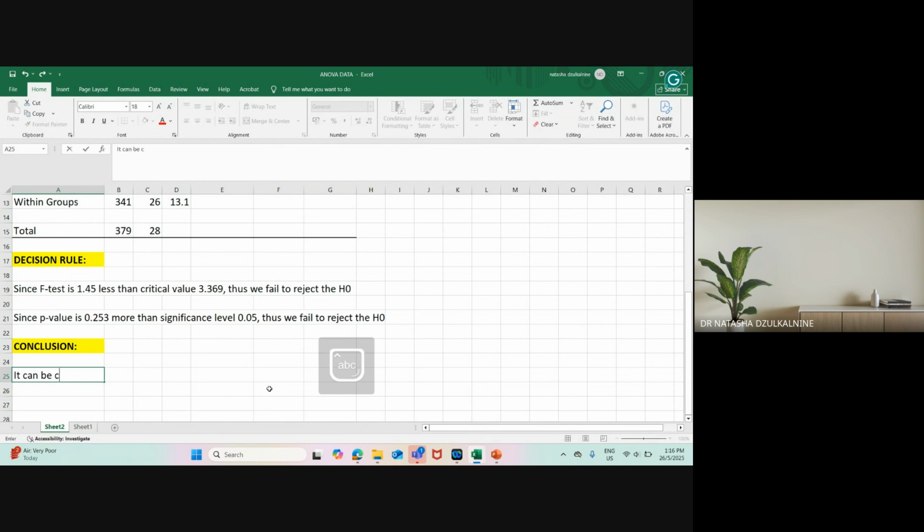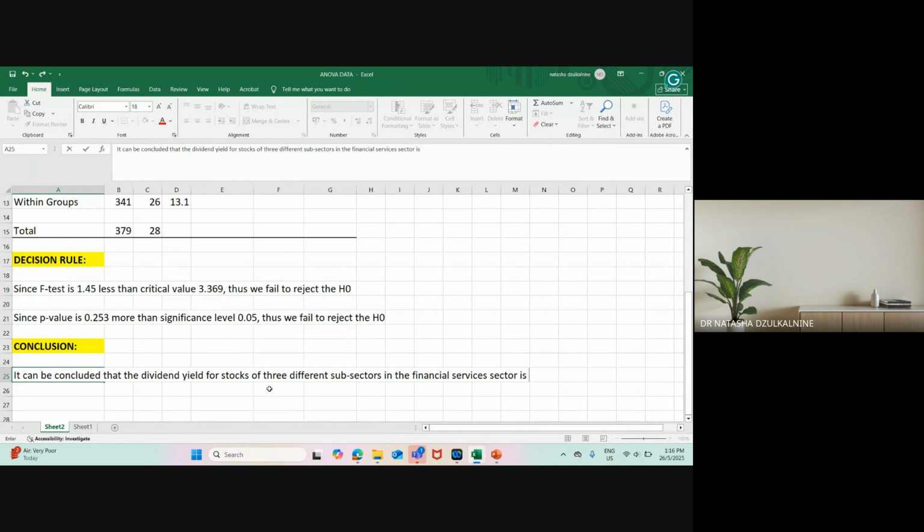It can be concluded that the dividend yield for stocks of three different subsectors in the financial services sector is equal.